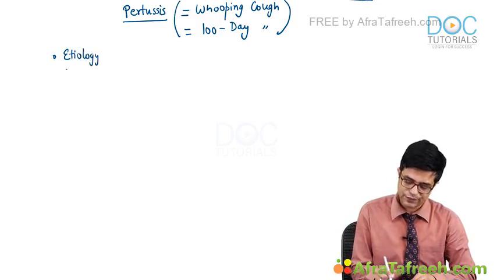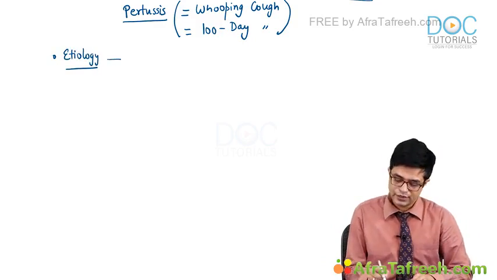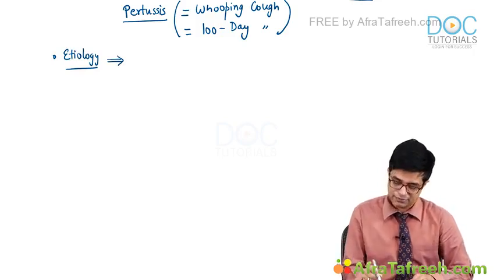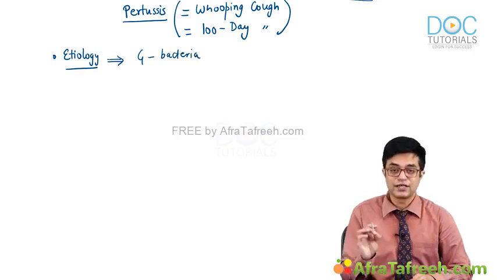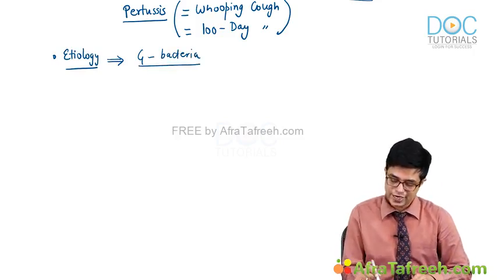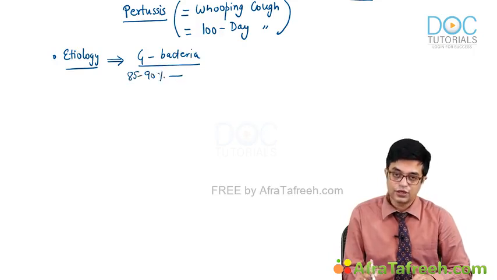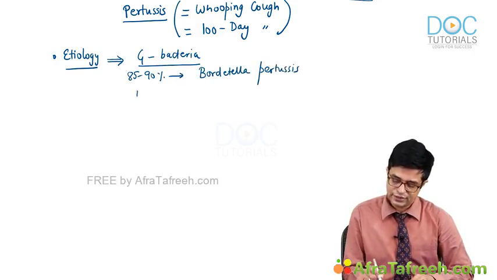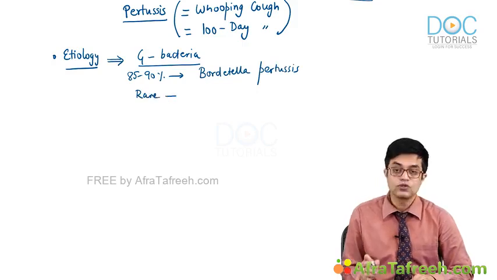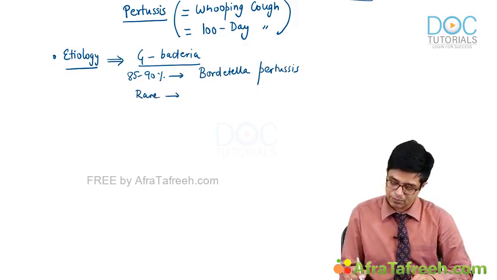Etiological agent. Pertussis is caused by a gram-negative bacteria. So it is gram-negative, not gram-positive. 85 to 90% of cases are caused by the organism called Bordetella pertussis. Very rarely, it can also be caused by Bordetella parapertussis.